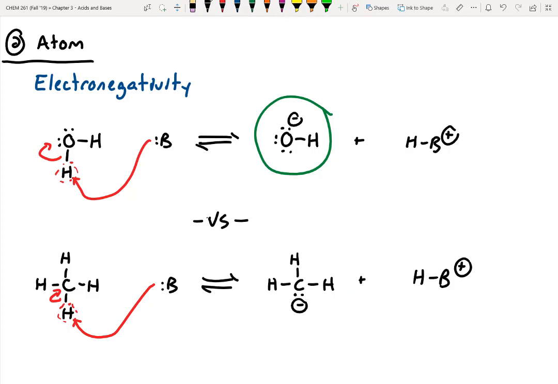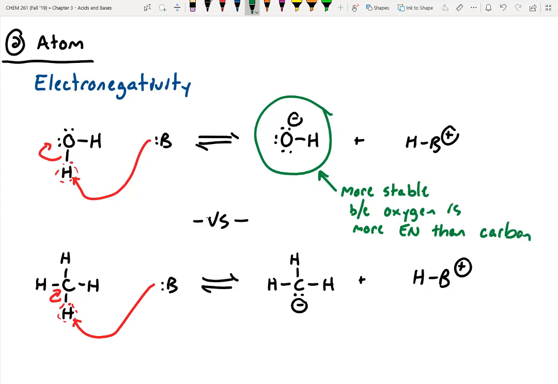So again, we can say this is more stable because oxygen is more electronegative than carbon. Again, going back, that means that this must be the stronger acid. We were able to do this without referring to a pKa table. We're just using basic intuition.